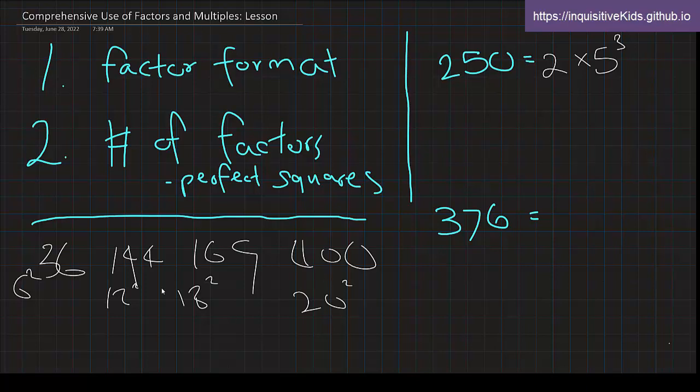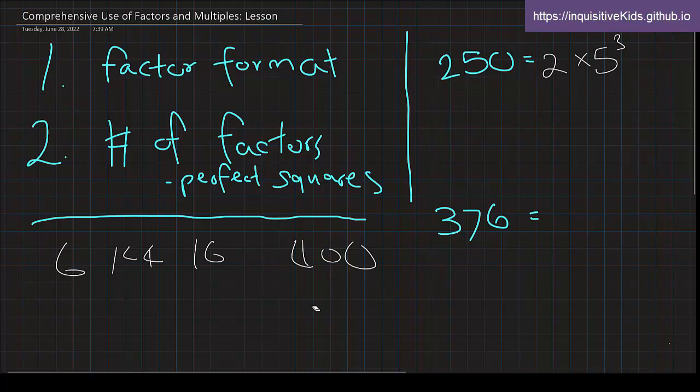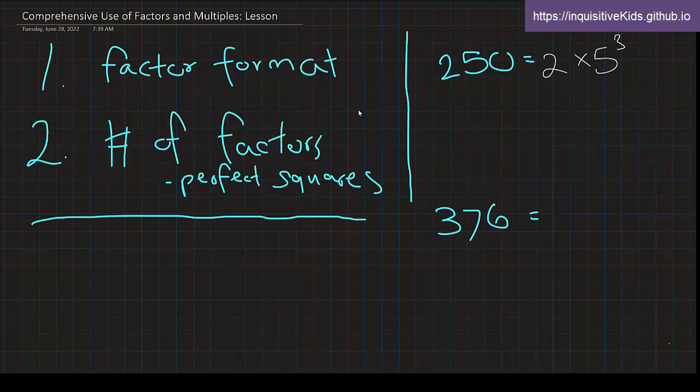So you can't count one of these twice, right? If you have 6 times 6, you only count the 6 once because it's not 2 different factors. That's why they only have an odd number of factors. So that's a very important point that in a lot of number sense questions especially, they're going to ask you about.